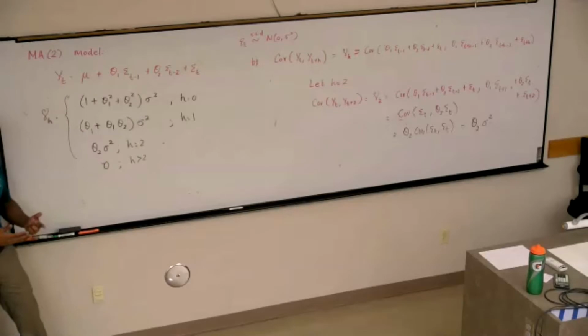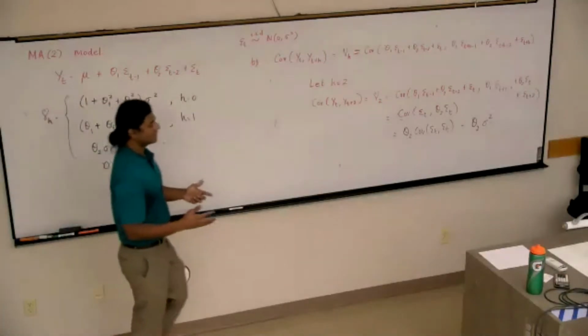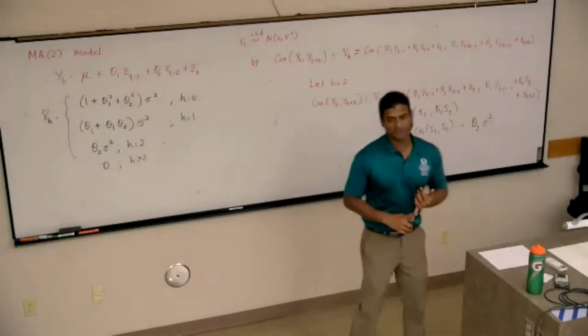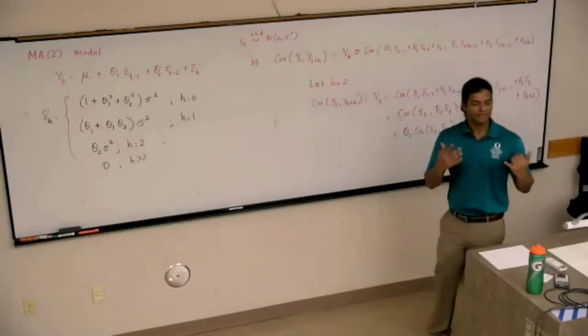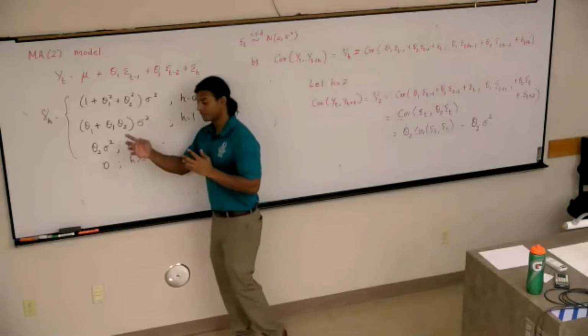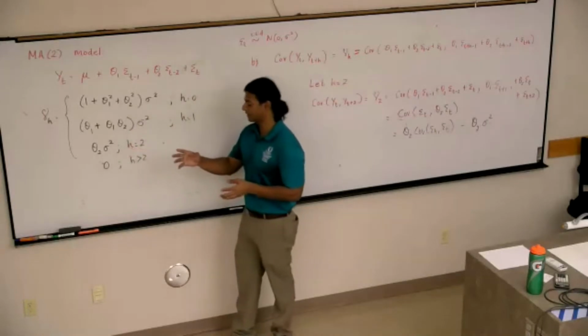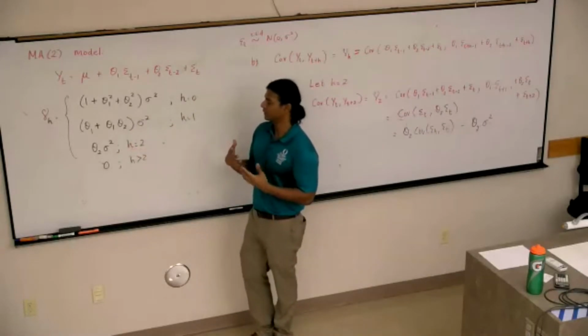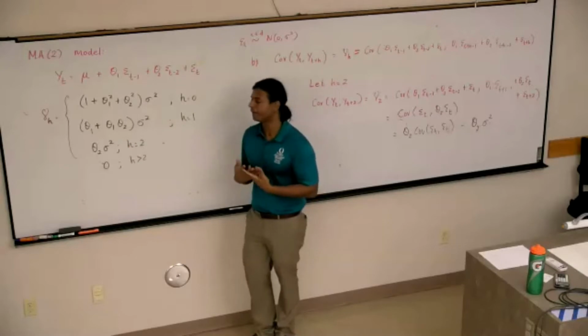So that is our condition for weak stationarity: the series must have constant expectation, in our case that is 0, and the autocovariance function must depend only on h.